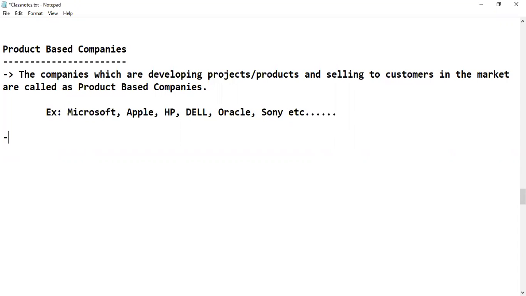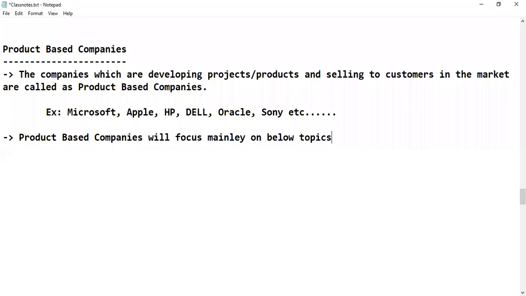Now, product-based companies will focus mainly on the below topics in the interviews.